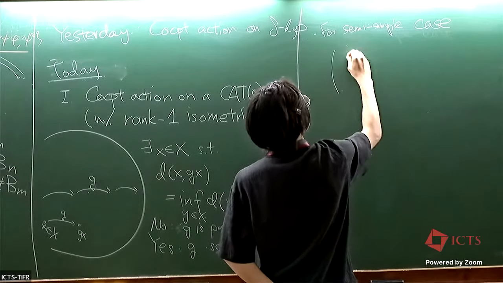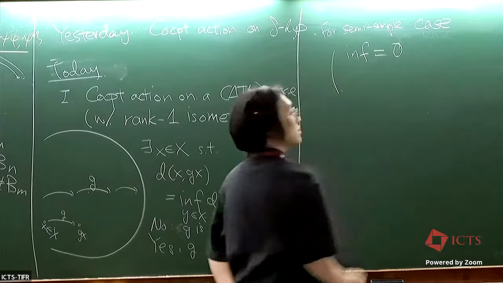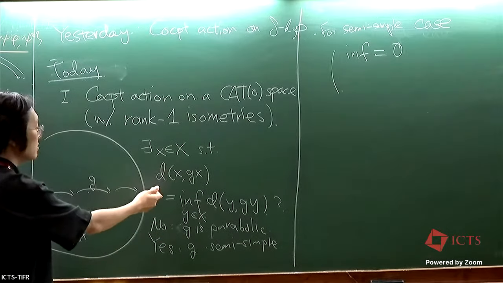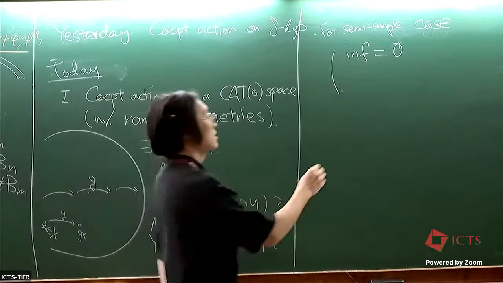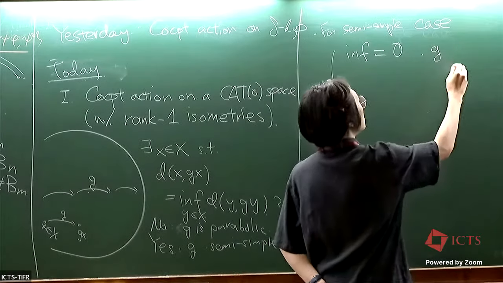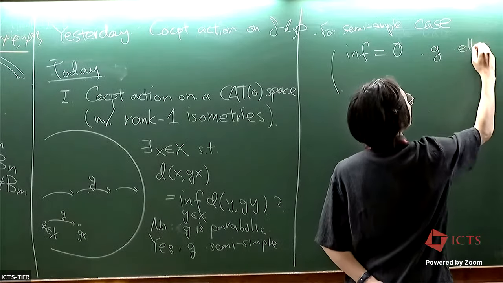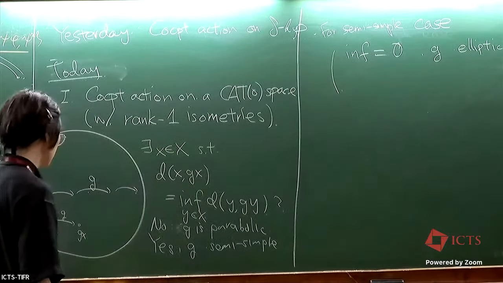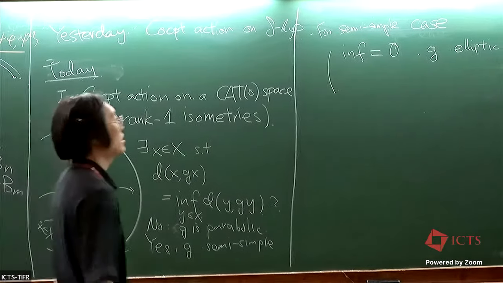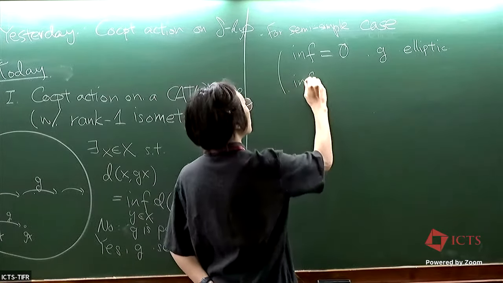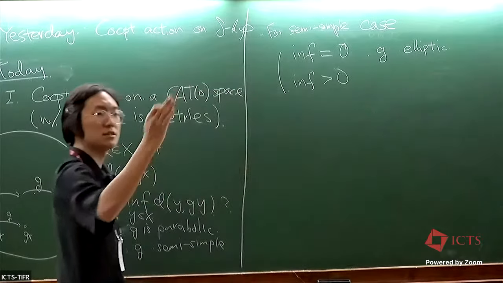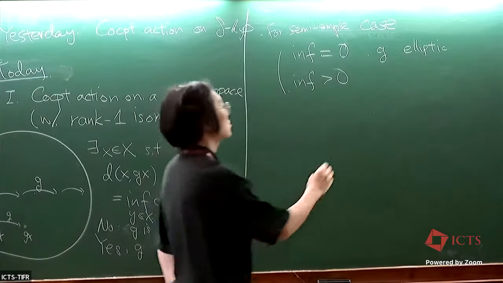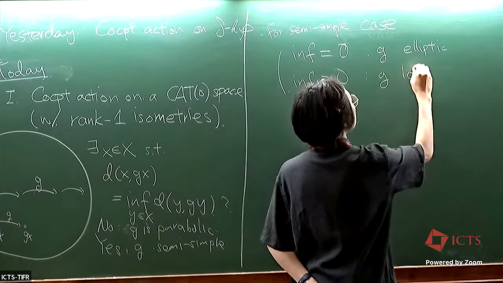Either the infimum is 0, which means the point that achieves the infimum is actually fixed, and you call g elliptic. And if the infimum is positive, then you see a non-trivial translation, just as you see on the Euclidean plane, and you call g loxodromic.